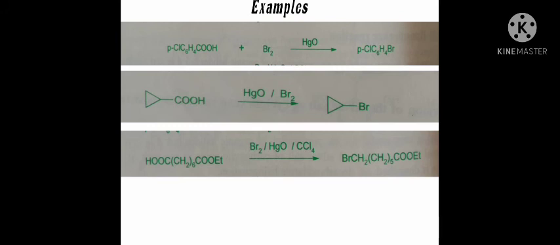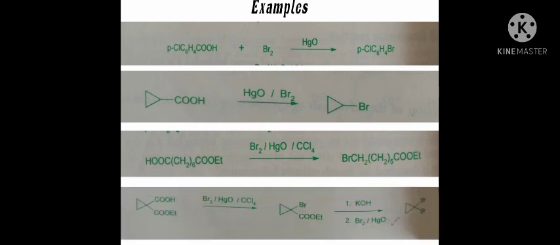We see the third example. Here we have to notice the groups. We have an ester group as well as an acid group present in the reactant, but we have to be careful. As I told earlier, only the acid group is replaced by Br with elimination of carbon dioxide. We substitute bromine in the place of the acid group itself, not in the ester place.